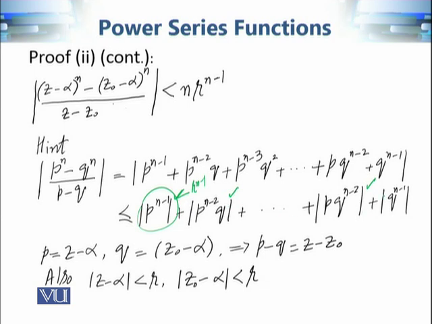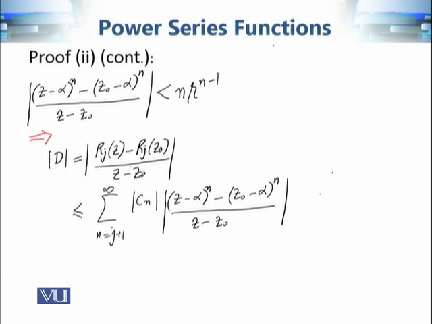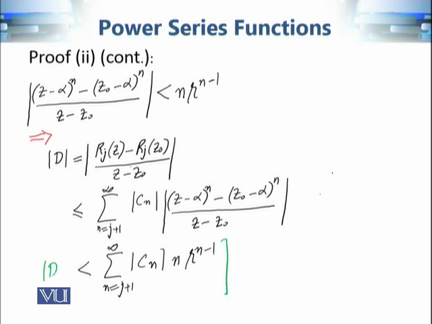Similarly, each and every term is less than r raised to power n minus 1, and there are n terms, so that's why we have this expression. Now moving on, we have calculated so far that modulus d is less than or equal to this, and using this, which we just proved, we get the following expression. That's what we have achieved so far: the modulus of d is less than this expression.